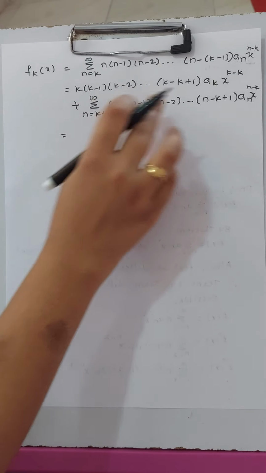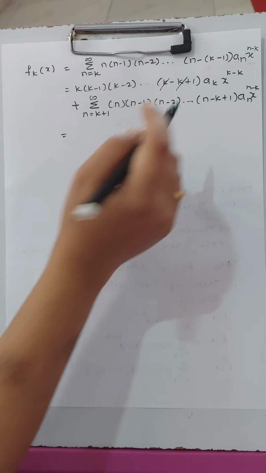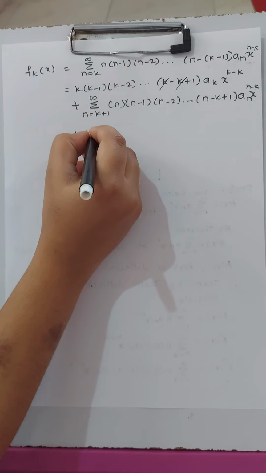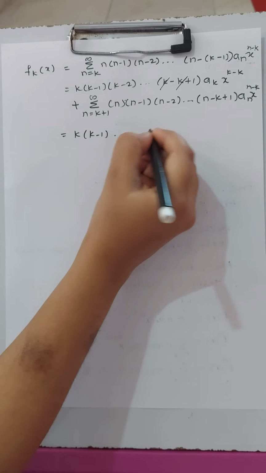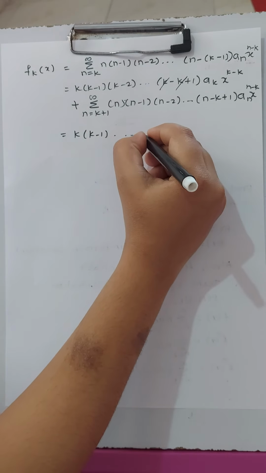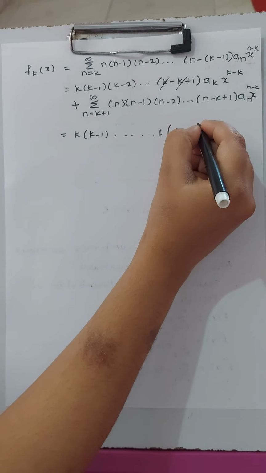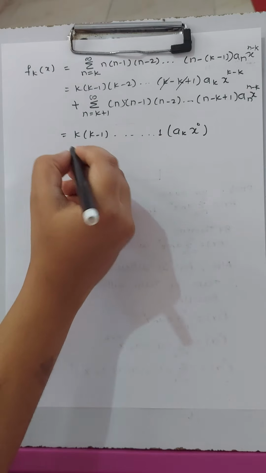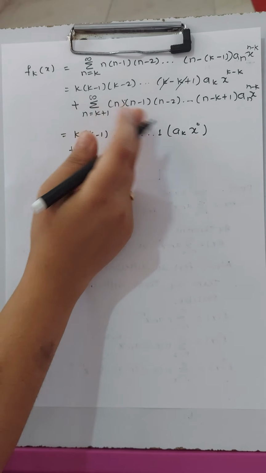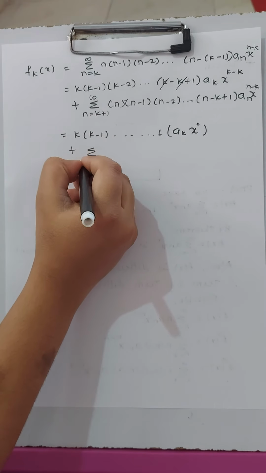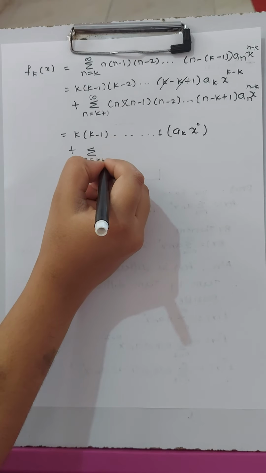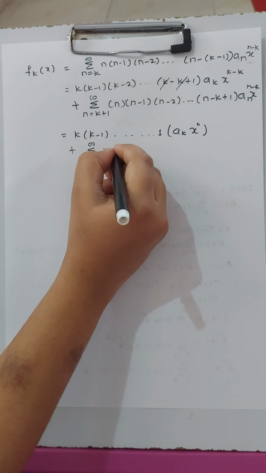Here the k cancels, so we get (k minus 1) up to 1 times a k x to the power k minus k, which becomes 0, plus this term: summation n from k plus 1 to infinity.